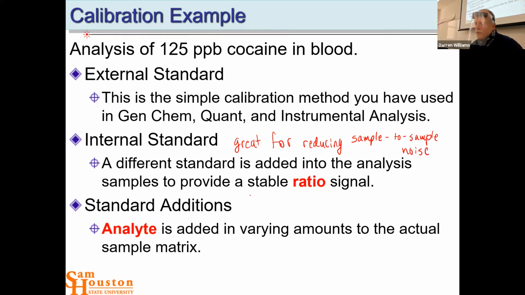And then standard additions is for eliminating matrix effects.